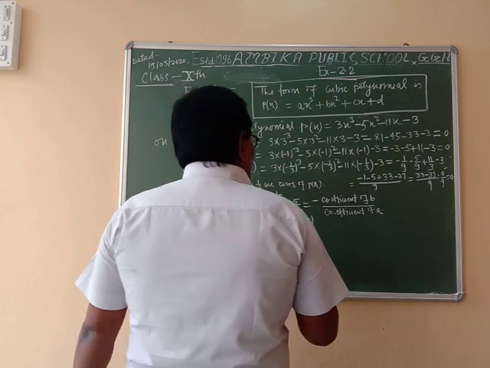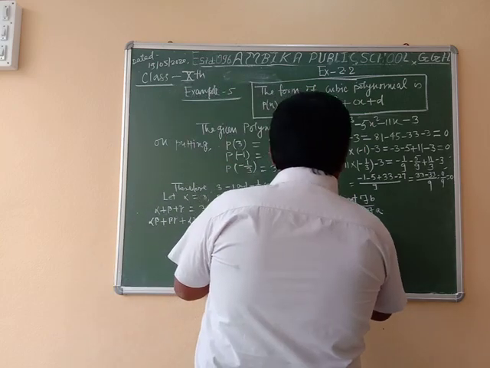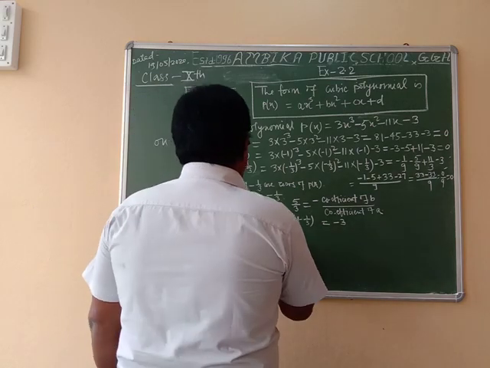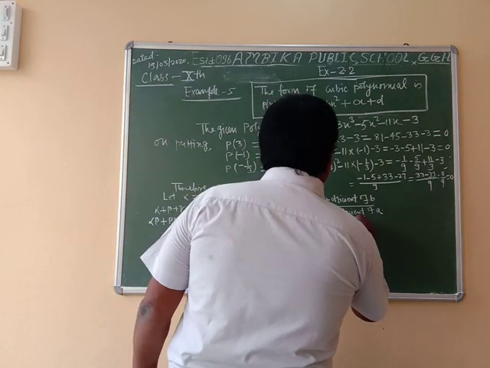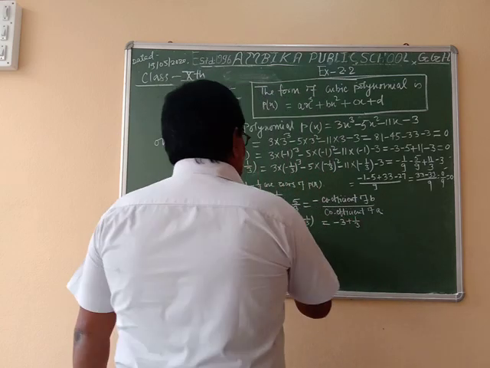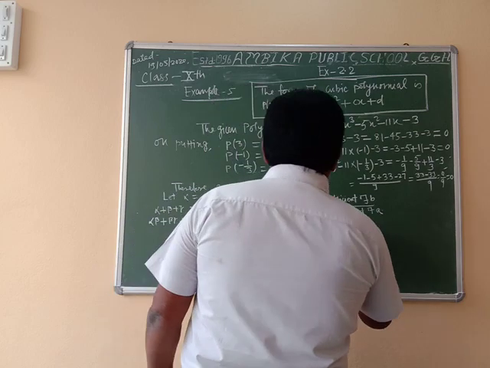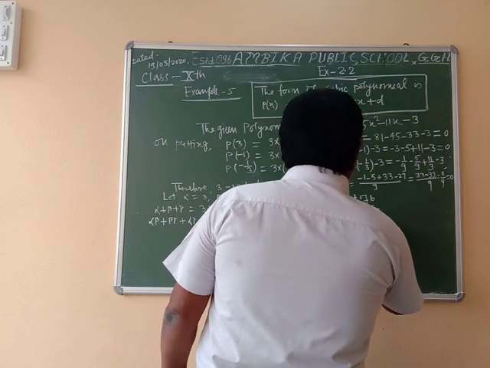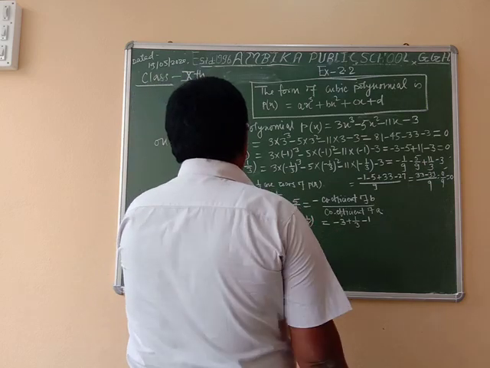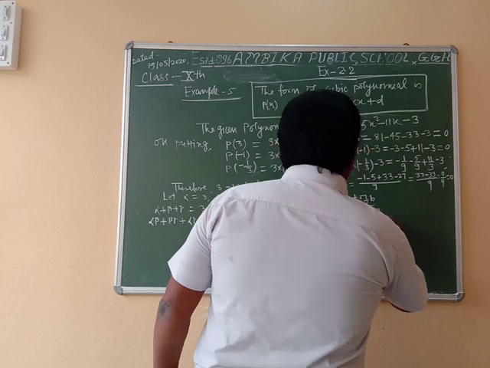Simplifying, we get -3 plus 1/3 minus 1.